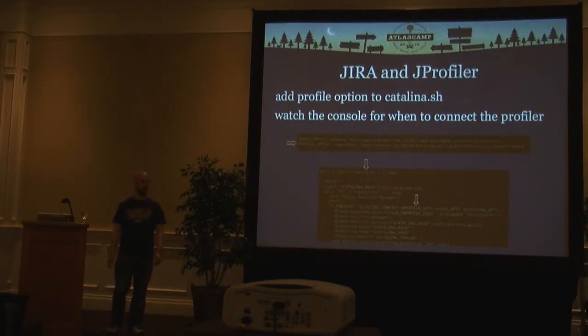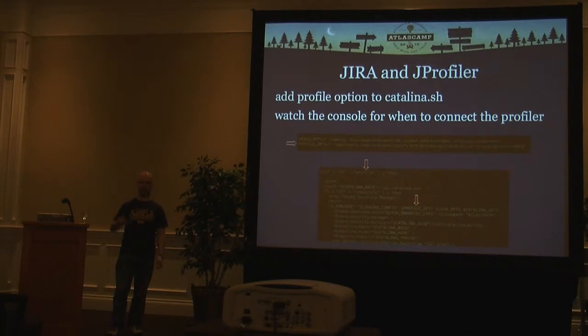I'm going to use JProfiler as an example. JProfiler is a commercial profiler tool. There are a lot of others out there, free ones and commercial ones. The principle is very similar for them all. Basically what you get is a hook, an agent library that you attach to the JVM.